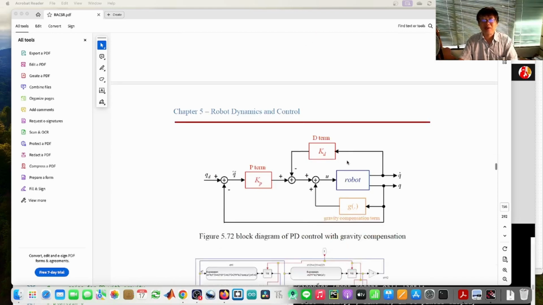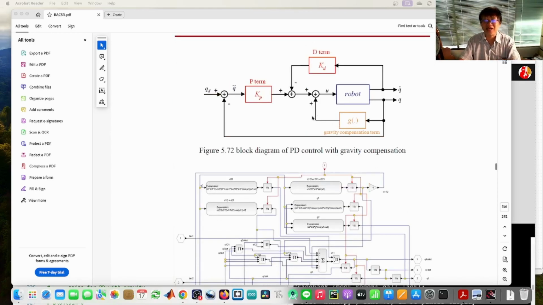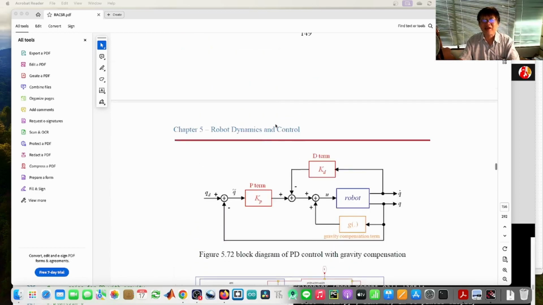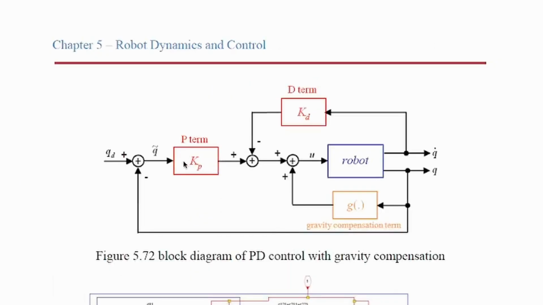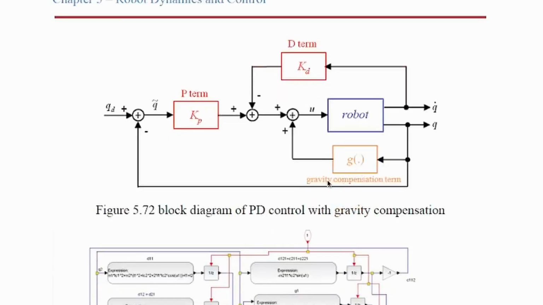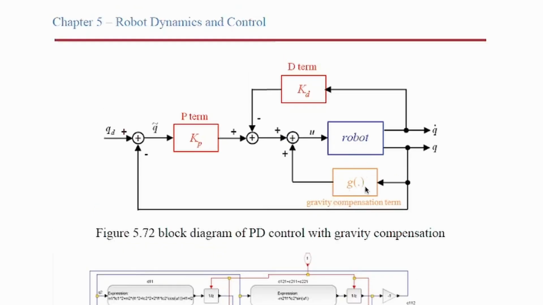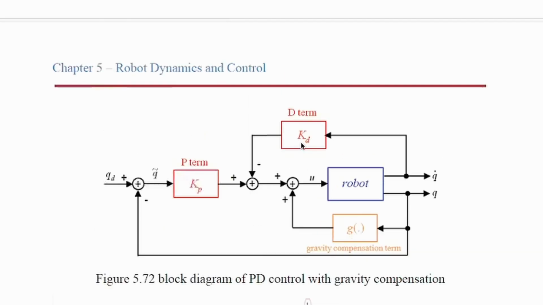Let's talk about this diagram first. This is more like a linear PD controller, but here we have the gravity term from the robot dynamics, and we compensate that.